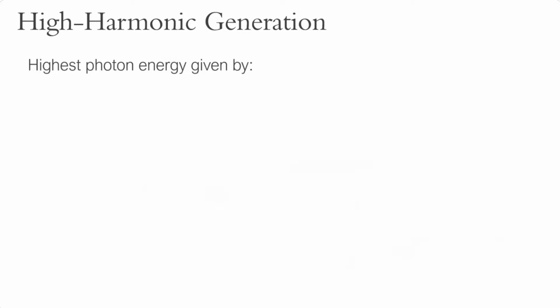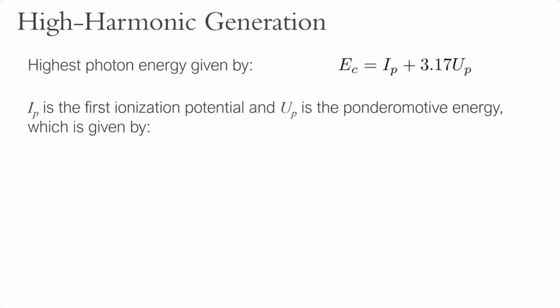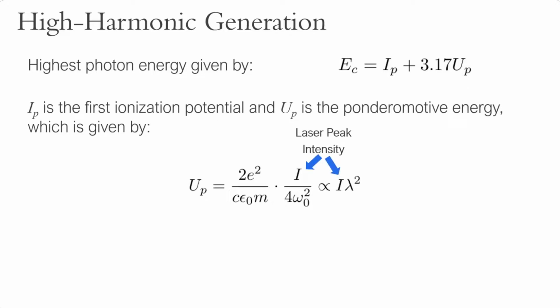The highest photon energy given by high harmonic generation is given through this formula, where IP is the ionization potential and UP is the ponderomotive energy of the electrons in this region. And our ponderomotive energy can be found using this equation. If we break down this equation, we can see that it depends on the laser peak intensity.